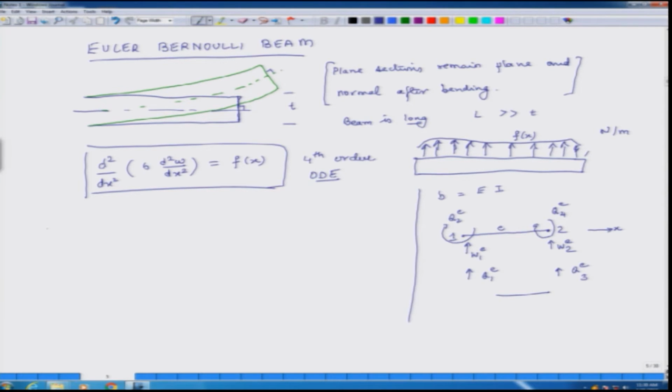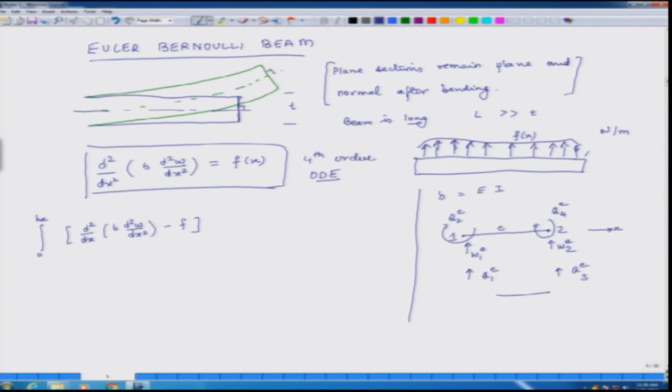I am going to integrate it over the domain of the element, h e, and this is the error.